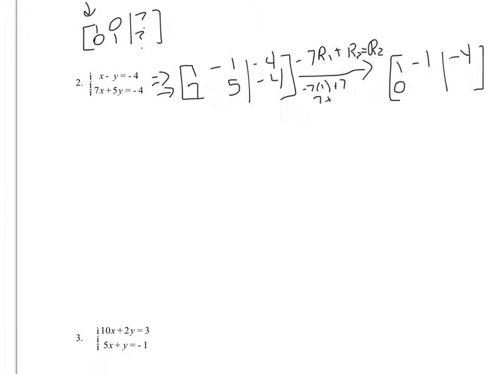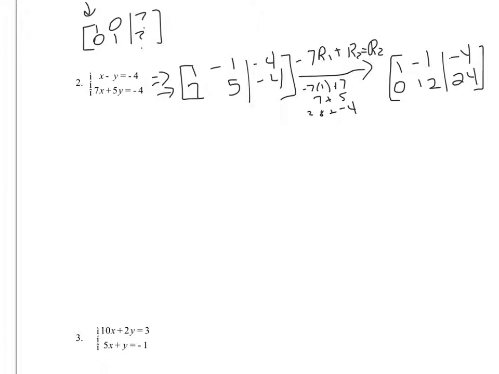And if I add +7 and 5, I get 12. It's okay if the numbers are starting to get a little large. It will work out in the end. And then -7 times -4 is a +28. And if I add 28 and a -4, I get a +24.